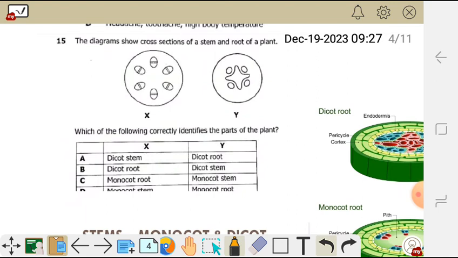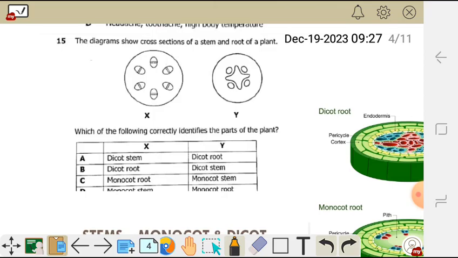Question 15. The diagram shows a cross section of a stem and root of a plant. This is a stem and that is a root of a plant. Which of the following correctly identifies the parts of the plant?